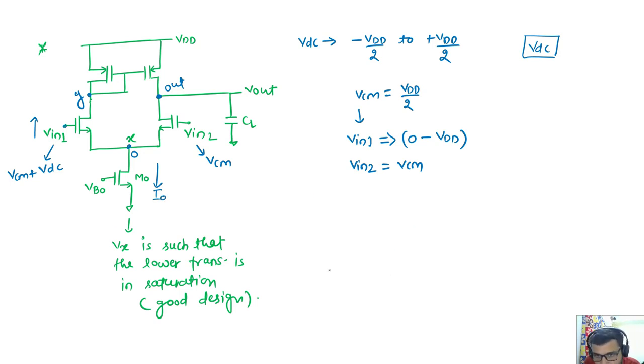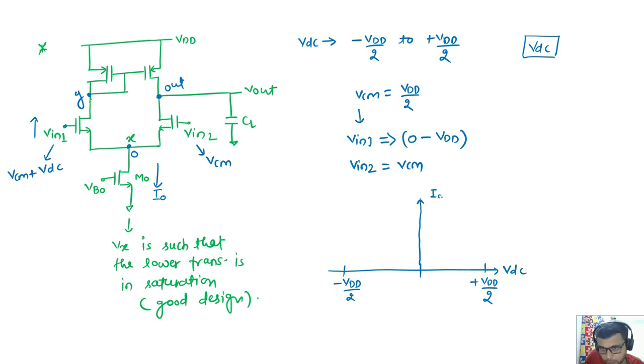So I'll draw the variation scale of VDC, which is minus VDD by 2 to plus VDD by 2. Okay, so what is happening, as we can see, with I naught and Vx. Let's assume everyone knows this.